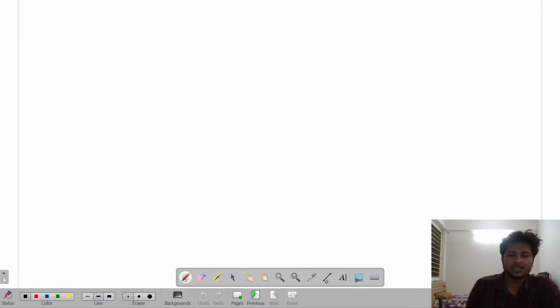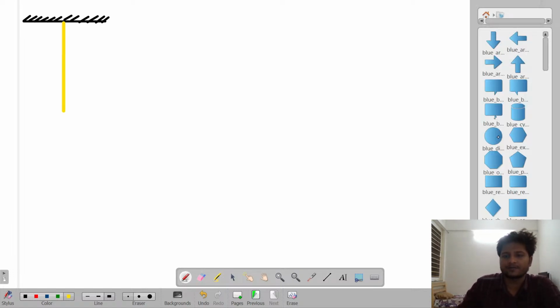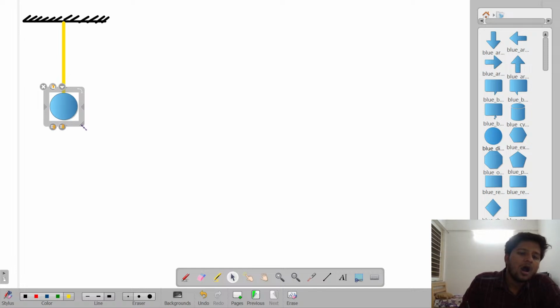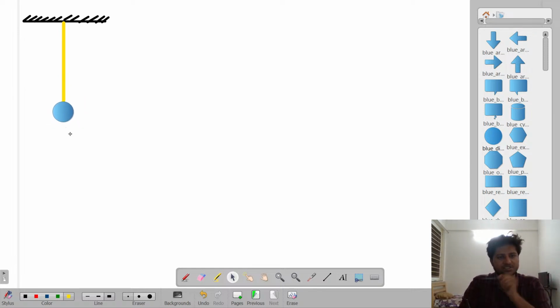समझो जरा. बोल रहा है कि there was a wall and with that I attach a thread. Okay, and with this thread the charge was hanging freely.